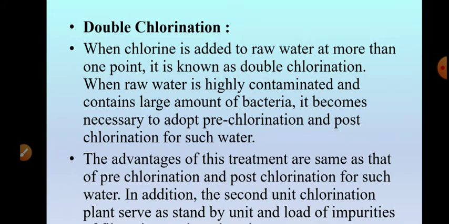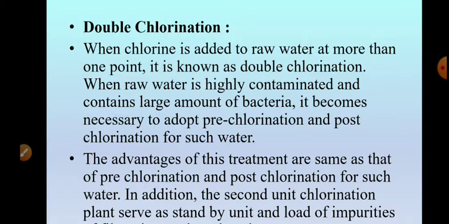Now the next method is double chlorination. When chlorine is added to raw water at more than one point, it is known as double chlorination. When raw water is highly contaminated and contains a large amount of bacteria, it becomes necessary to adopt pre-chlorination and post-chlorination.